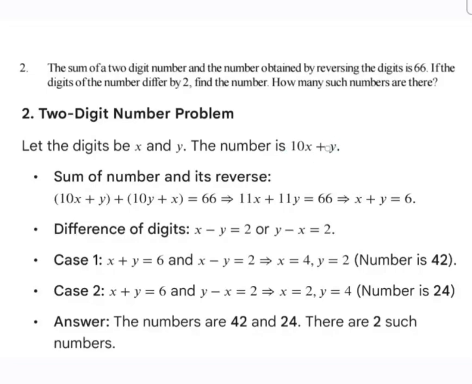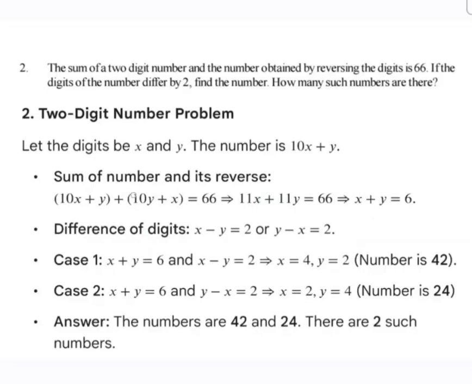The reverse number is 10y plus x. The sum of the number and the reverse is 10x plus y plus 10y plus x equal to 66. 10x and x, 11x, 10y and y, 11y, that equals 66. Take common 11, x plus y equal to 6.